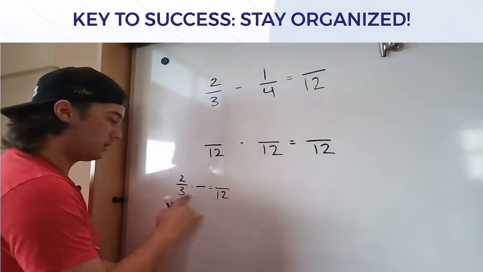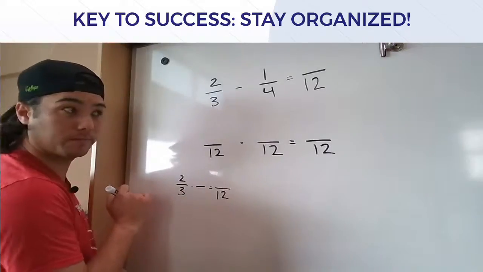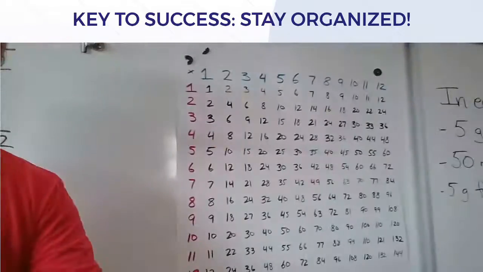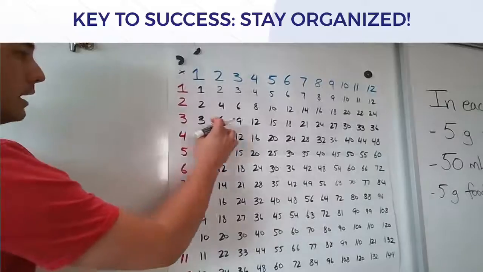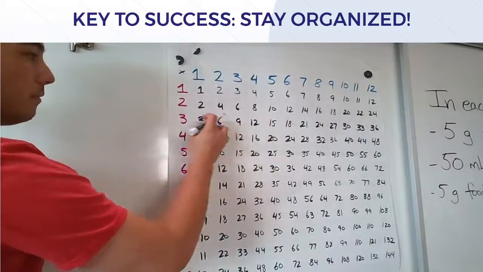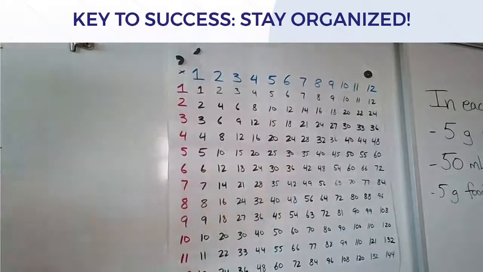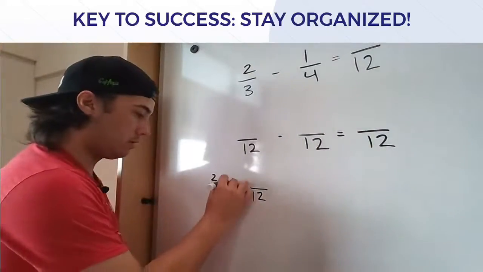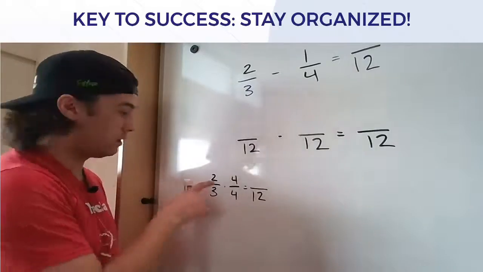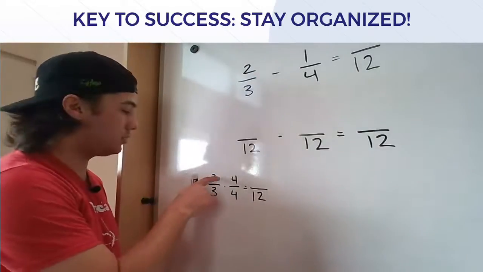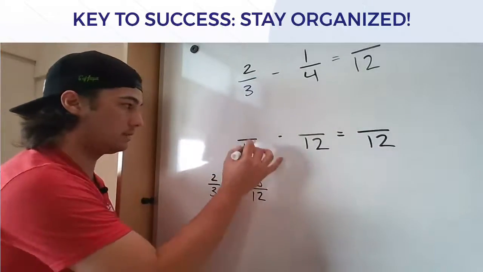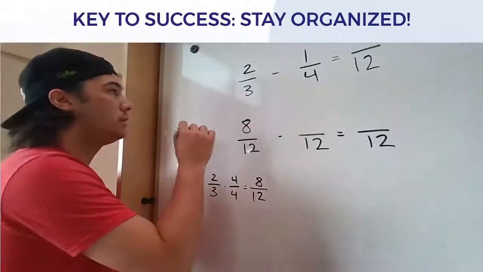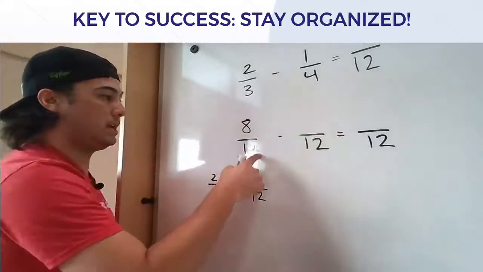So 3 times what is 12? 3 times 4 is 12. So our equivalent of 1 in this case is going to be 4/4. Multiply straight across. 2 times 4 is 8. So we know that this 2/3 is equivalent to 8/12.